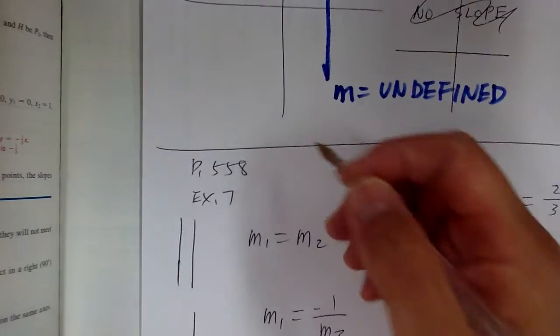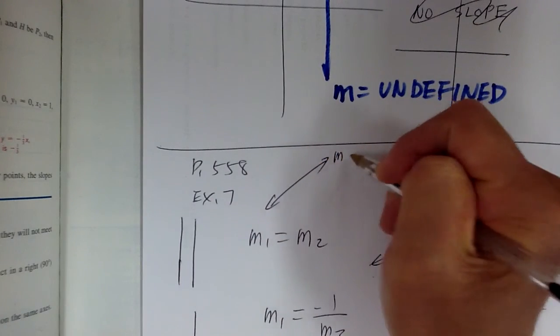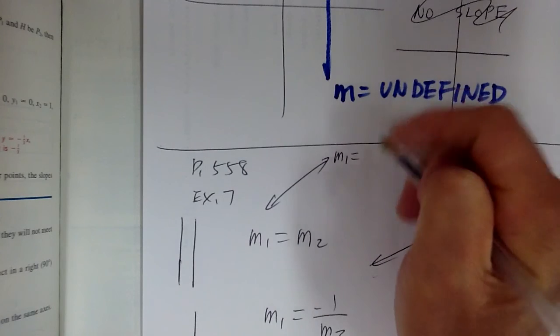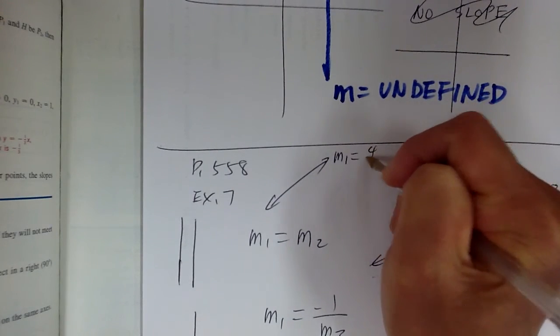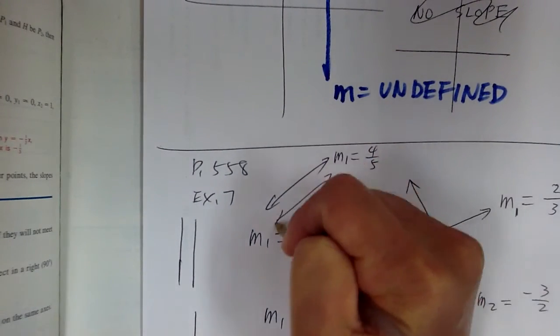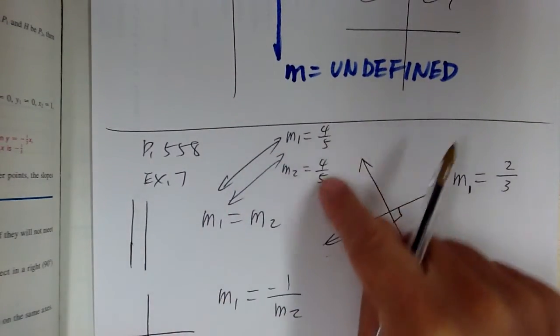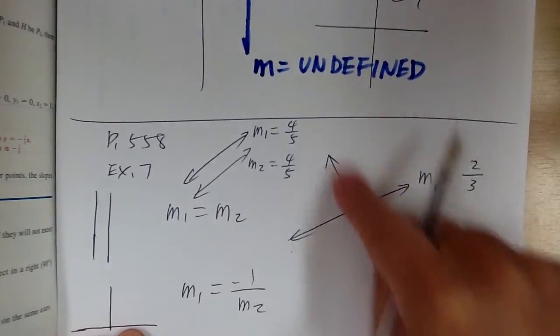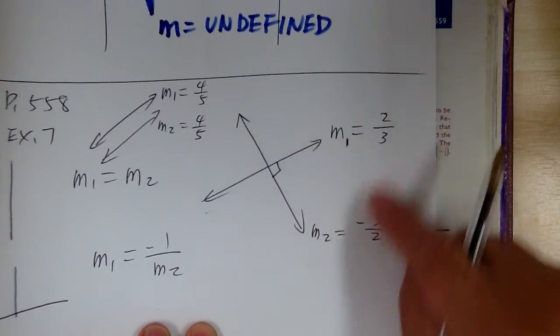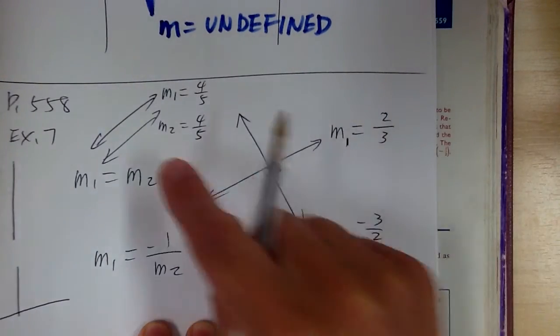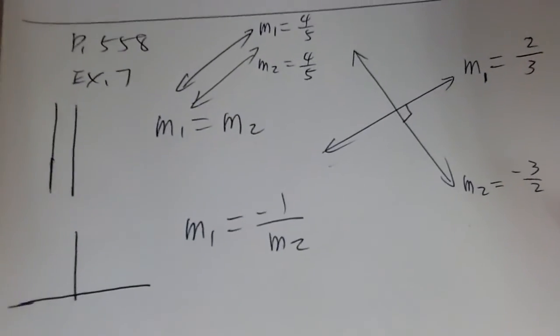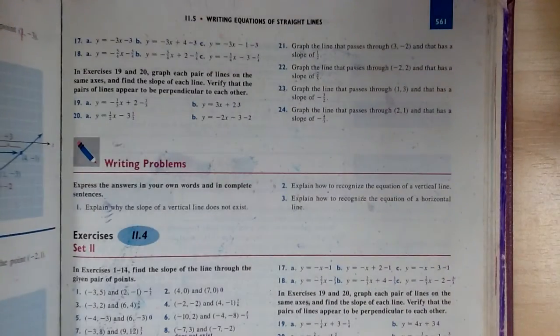Now over here, the parallel lines, if M1 equals 4 over 5, then if you have parallel lines, then M2 will be the same. Okay, so parallel lines, same slope. Perpendicular lines, the slopes are negative reciprocals of each other. So you need to know those two facts. Yeah, those are very important. Okay, so let's go and do some practice.